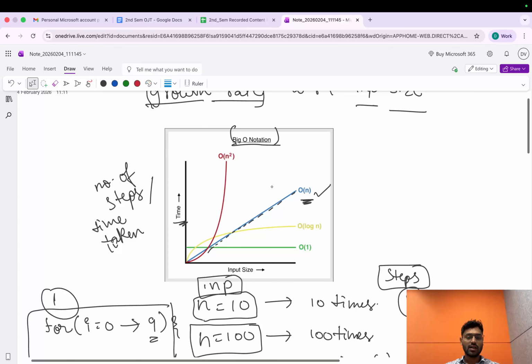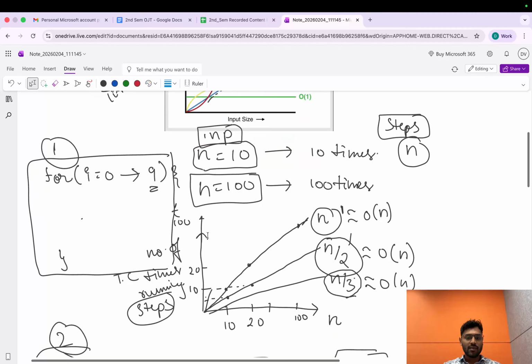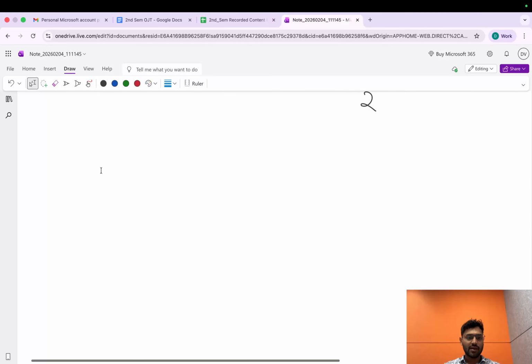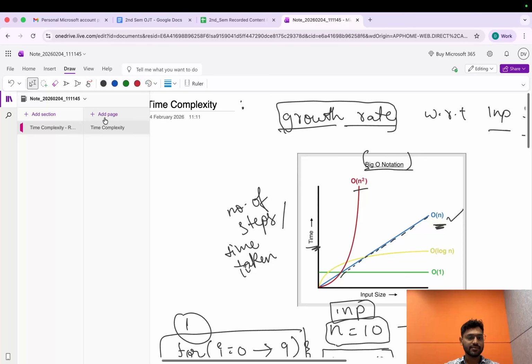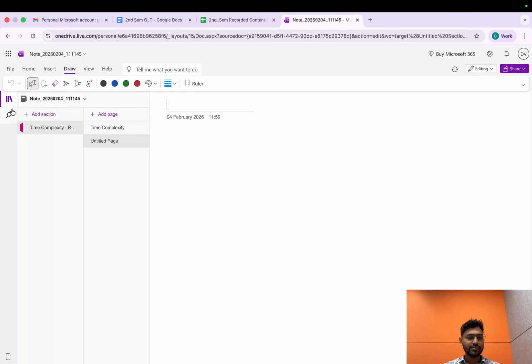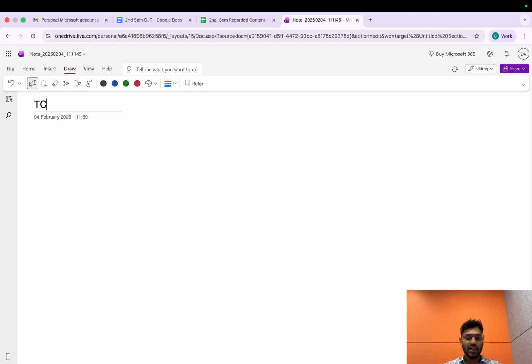Now we are going to look at big O of n square, the second case. I am going to give you one more problem. Time complexity big O of n square.